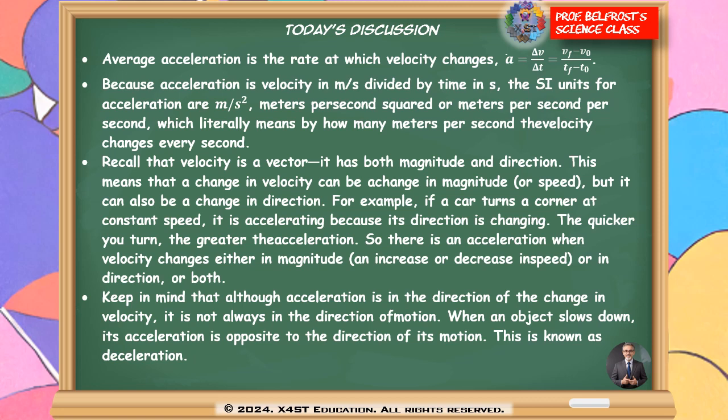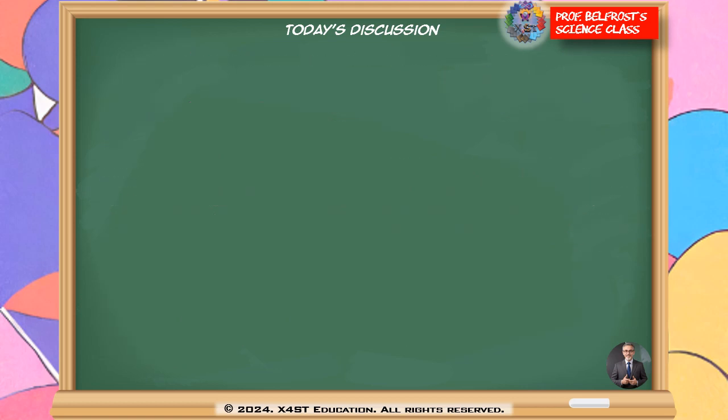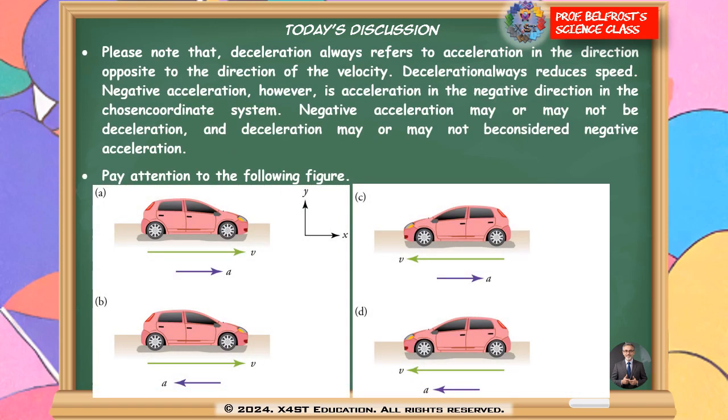When an object slows down, its acceleration is opposite to the direction of its motion. This is known as deceleration. Please note that deceleration always refers to acceleration in the direction opposite to the direction of the velocity, and deceleration always reduces speed.